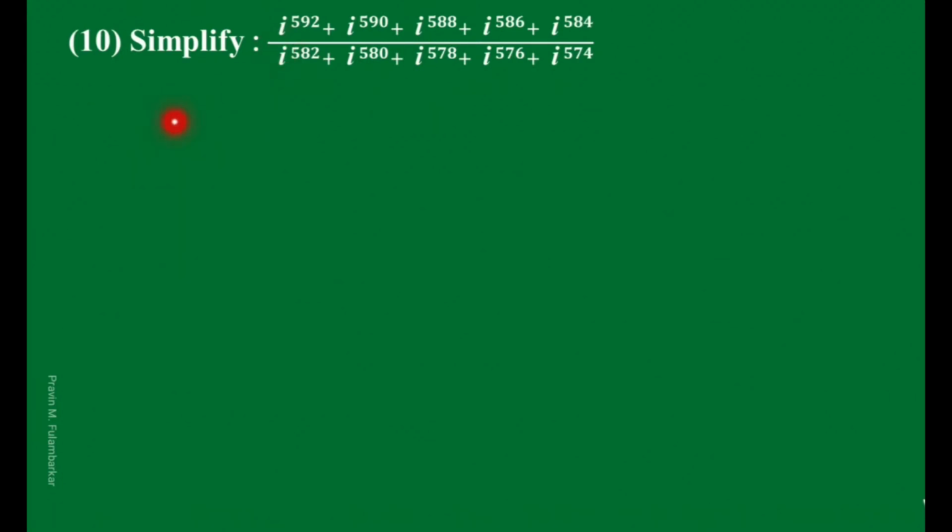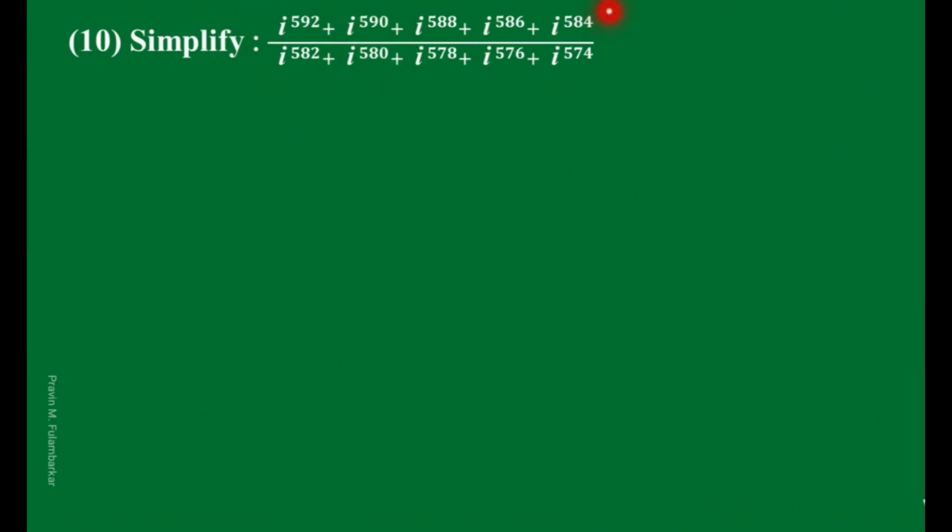Now see question number 10. So don't try to solve question by writing the value i raised to the power 592 in the multiple of 4, i raised to the power 590, this 590 multiple of 4.